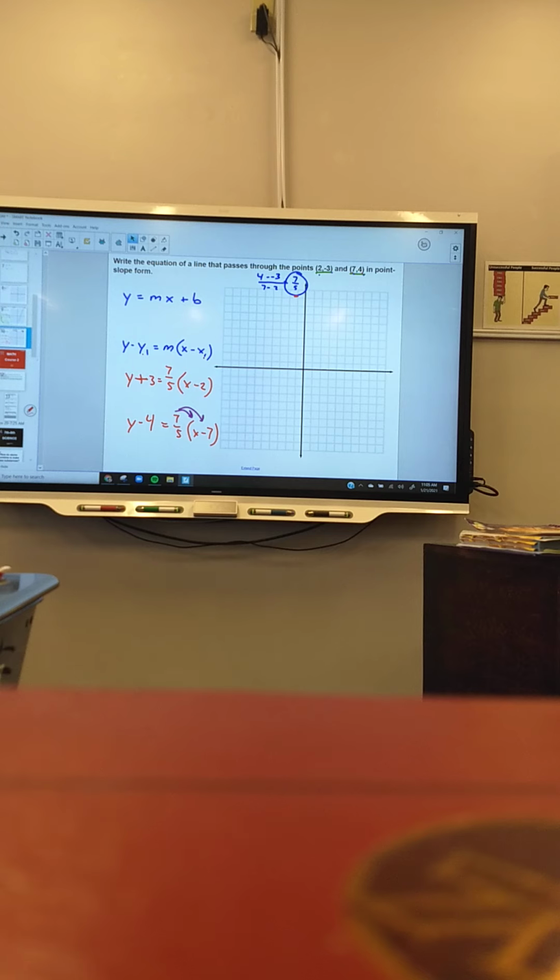Got it? Y equals mx plus b, and y minus y sub 1 equals m times x minus x sub 1. Good? So it doesn't matter which form we use, they both make the same line or the same graph. Sweet. That's all we've got for today.